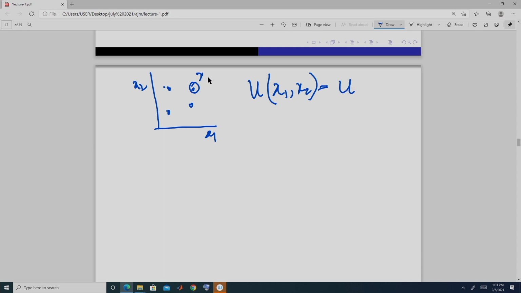Suppose this bundle is X, this is Y, this is Z, and this is H. Then we get some utility from x1, x2, and some utility from consuming y1, y2.